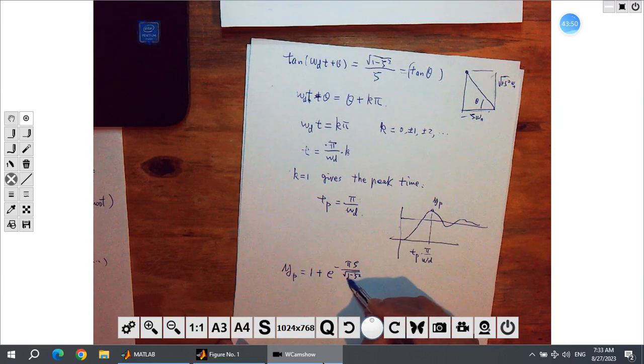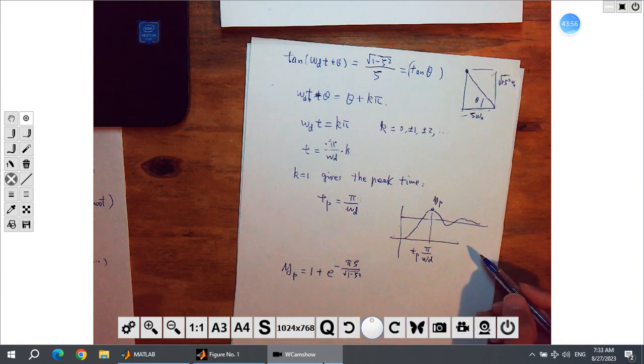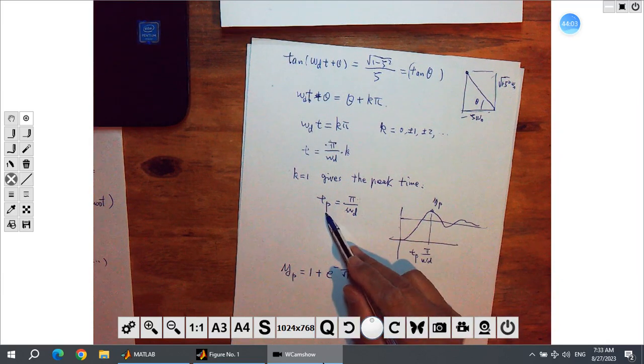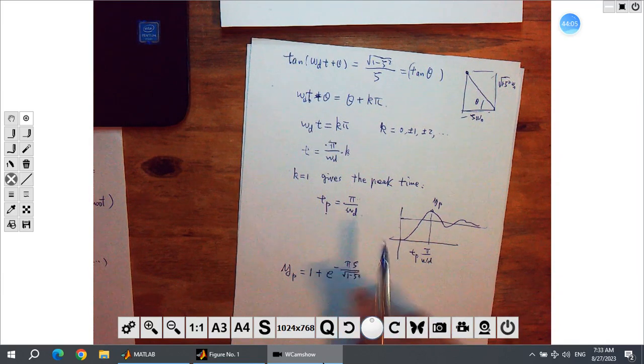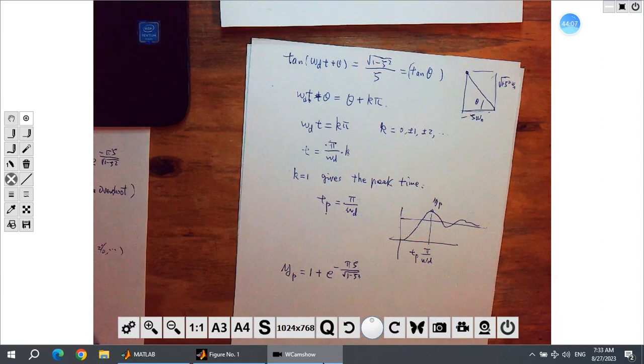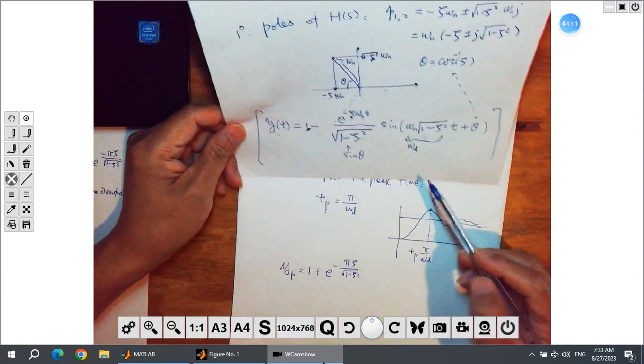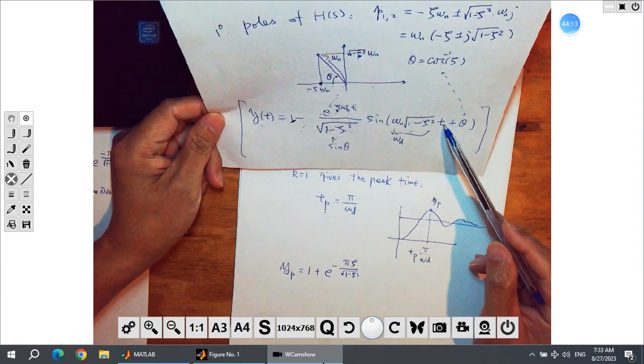So we get this one, e to this. Okay, this is Yp. And you can also plug in. You know what Tp is, right? You plug in the output. Tp, you put it here.